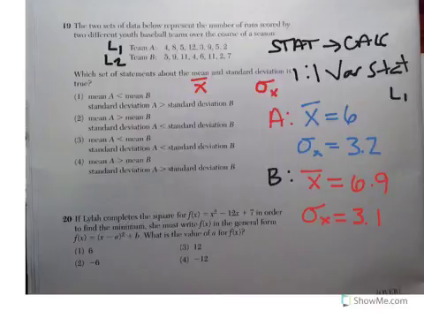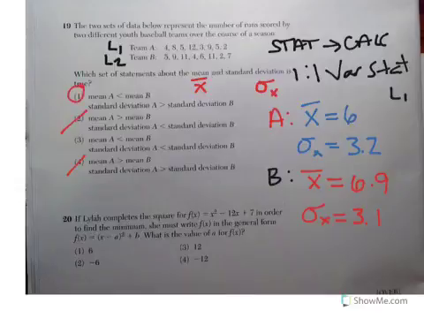So, my mean for B is bigger than my mean for A, so that means it's not choice 2, it's not choice 4, and my standard deviation for A is larger than my standard deviation for B, which means that it has to be choice 1.